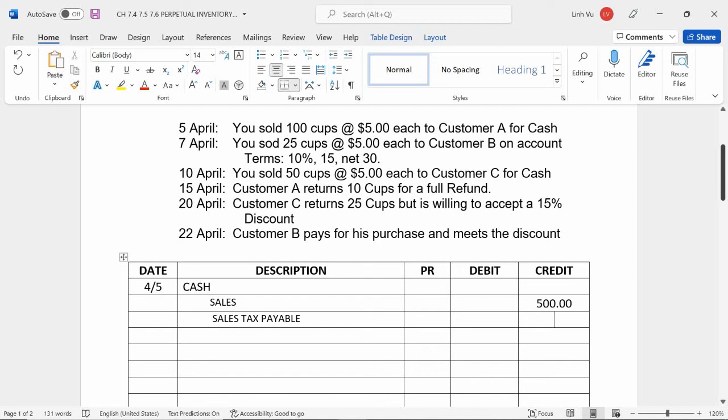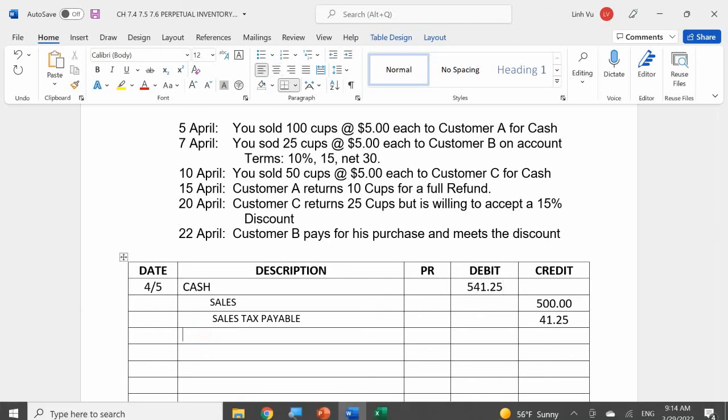What's my tax on top of that? $41.25. So therefore, I should be collecting $541.25.